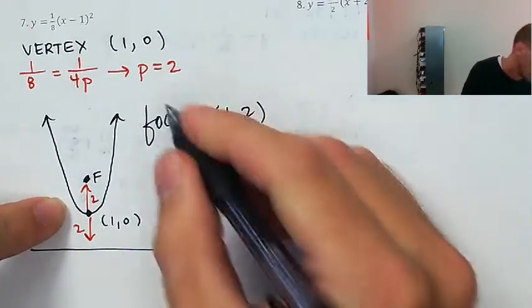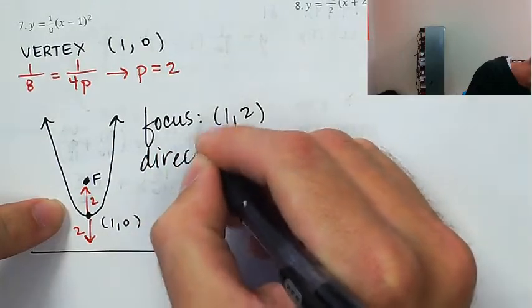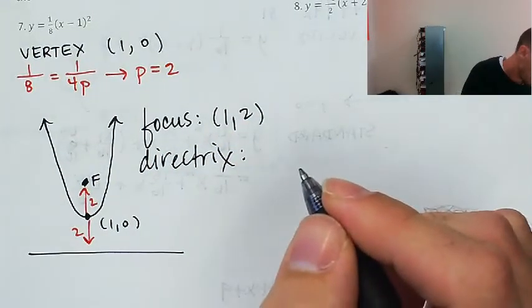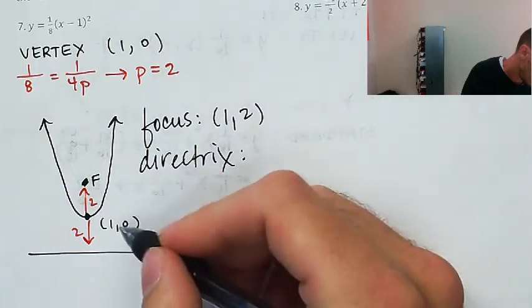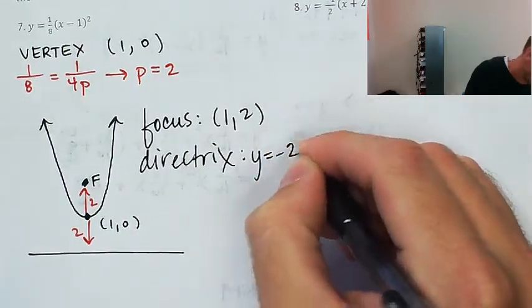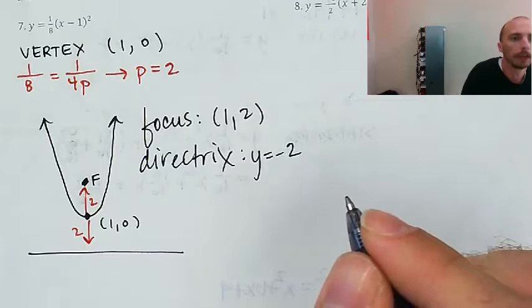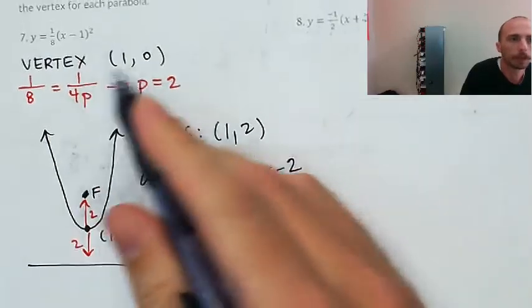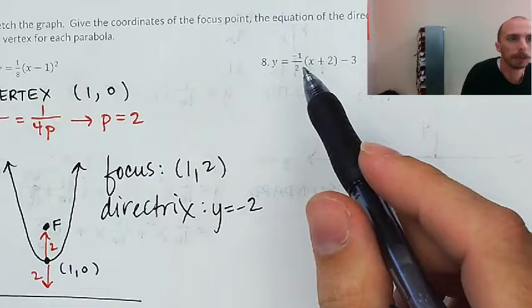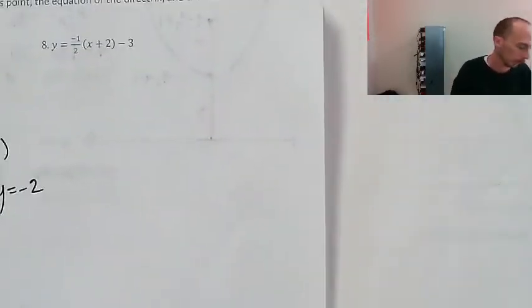And the directrix is going to be 2 below y equals 0. That's focus and directrix. I wrote down the vertex, we did that. Let's move on.